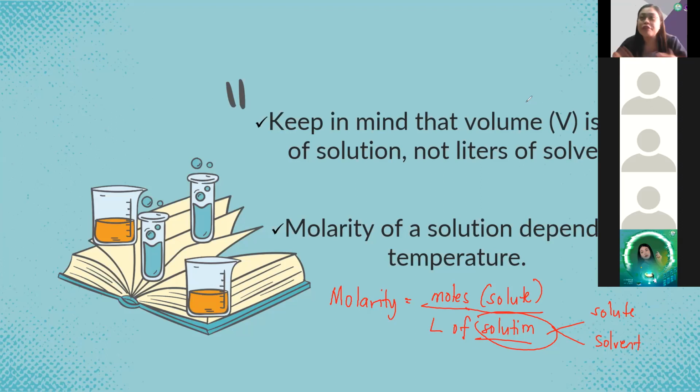But actually, most of the time, our chemical substances will be more soluble if the solution is hot. That is the reason why, class, when we dissolve something, we mostly use hot water. Because the solubility increases if the temperature is also high. Okay? So please keep that in mind.